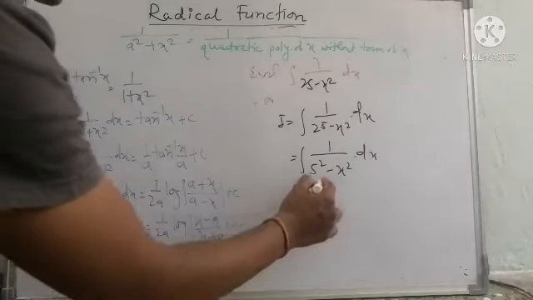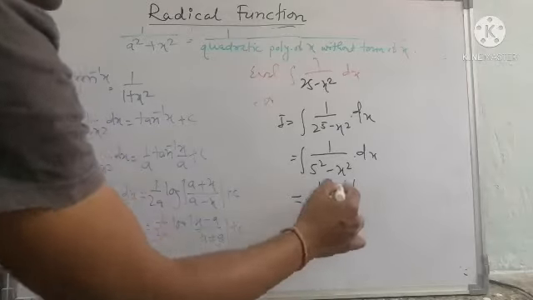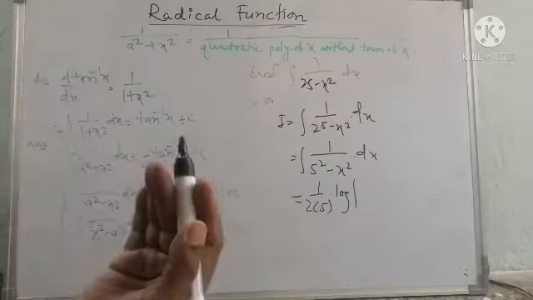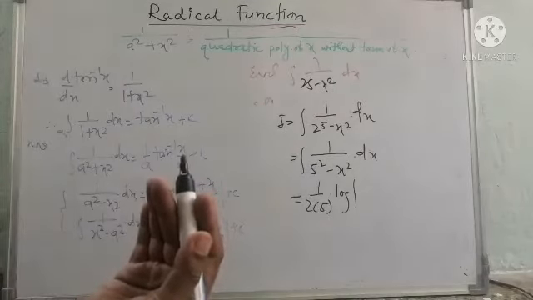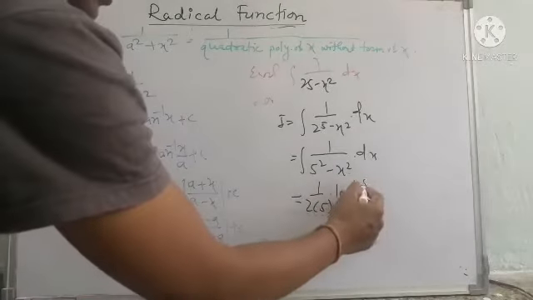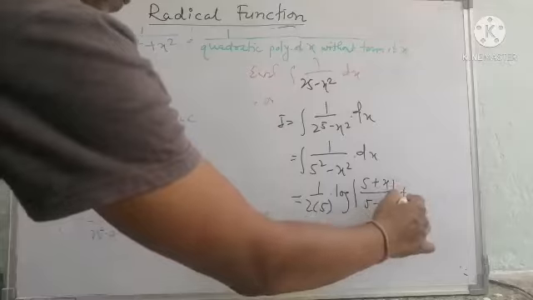As a is 5, we get 1 upon 2 into 5 into log of mod of. If a square minus x square is given, then always take subtraction in the denominator and addition in the numerator. Addition of radical and variable, that is 5 plus x divided by 5 minus x, mod complete, plus c.